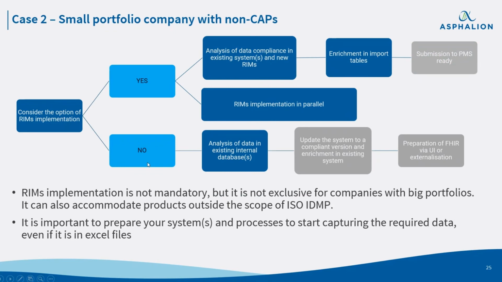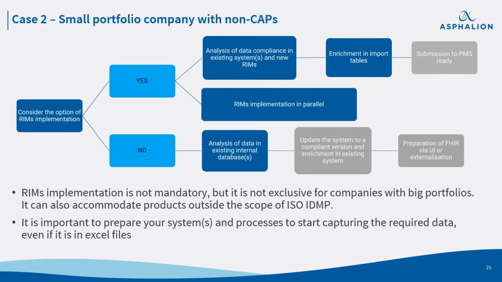Then we have this second case. It will be a company that only has non-centralized authorized products, and it has a really small portfolio. So they should also consider if there's an option to implement this RIM in order to fully digitalize and go a step ahead. As I said before, it's not mandatory.